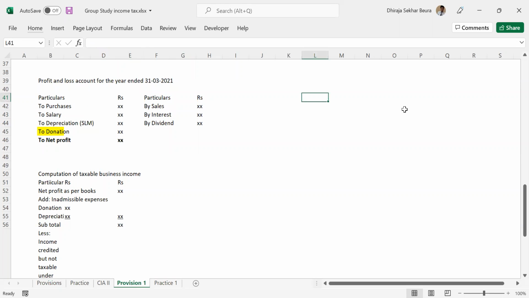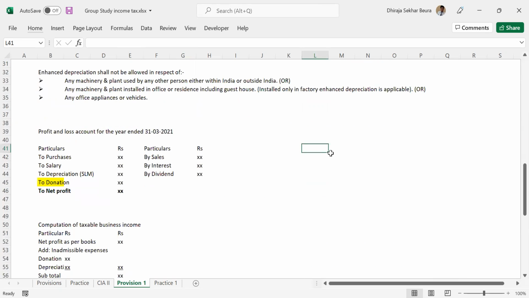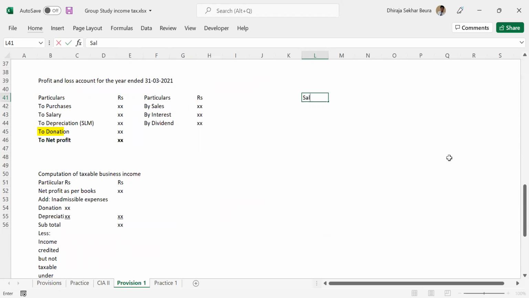Suppose we have an income statement. In the income statement we have sales, we have purchases, we have expenses, and under expenses we can have multiple things. Suppose we have depreciation, salary, other expenses, and so on.